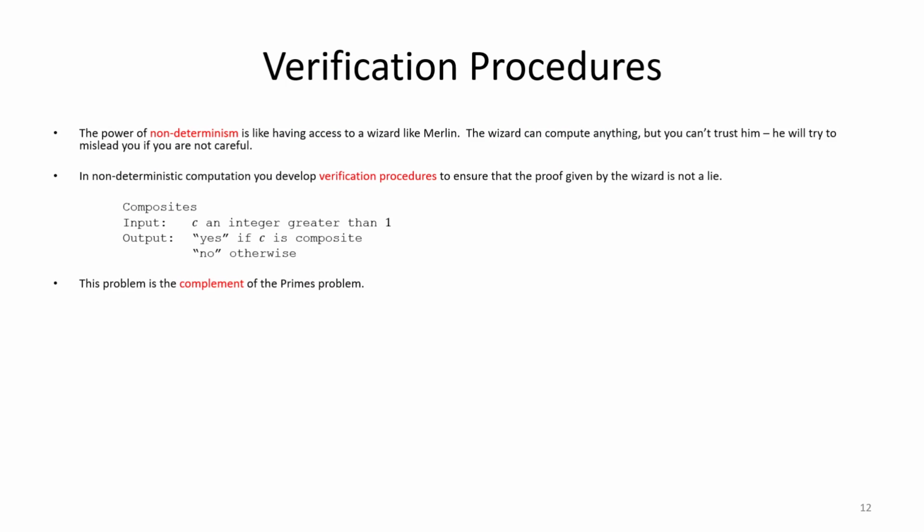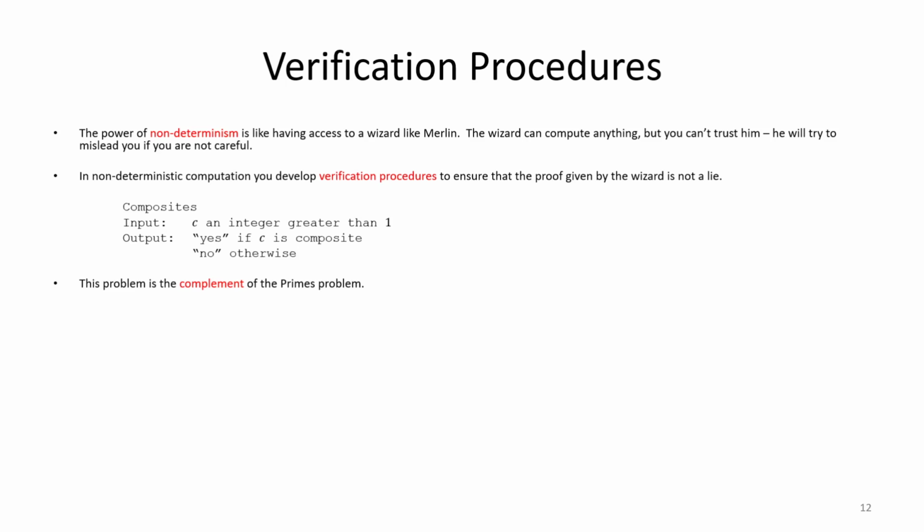So the process we actually just went through with Merlin was a process of verification. Merlin made a claim about the output for our decision problem, yes or no, and we wanted to verify that that claim was correct.